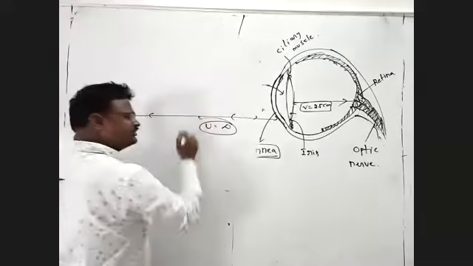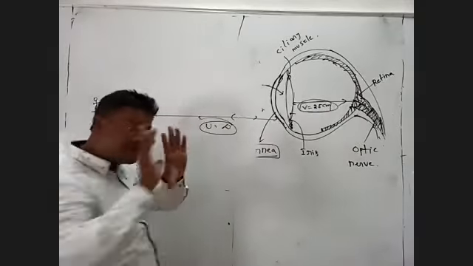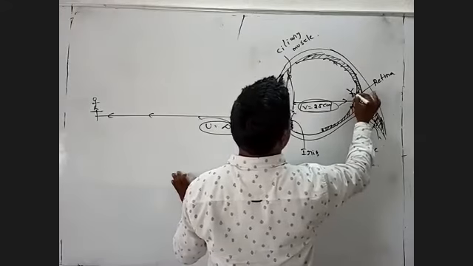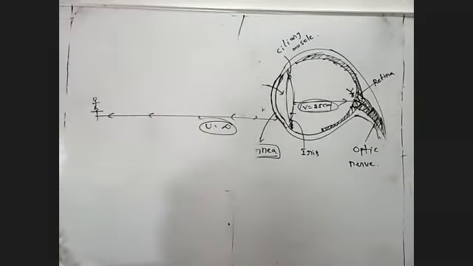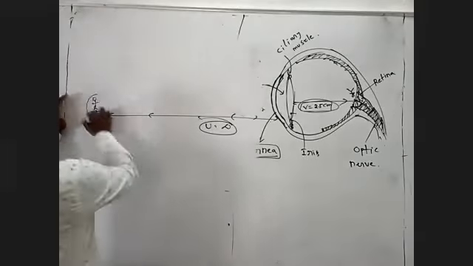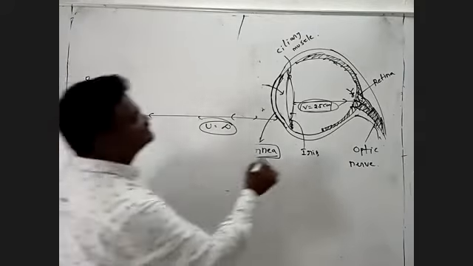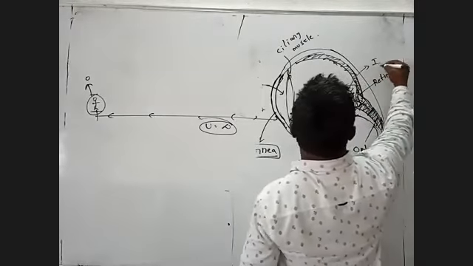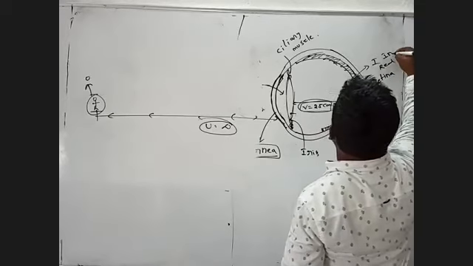U is equal to infinity, but V is equal to 2.5 centimeters, and your image is formed on the retina. This is the object and this is the image, which is real and inverted.